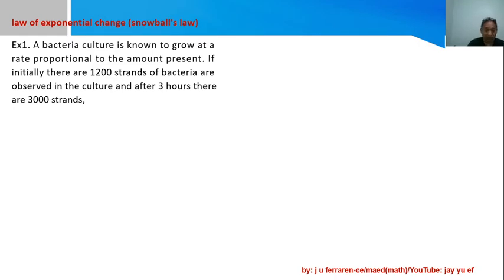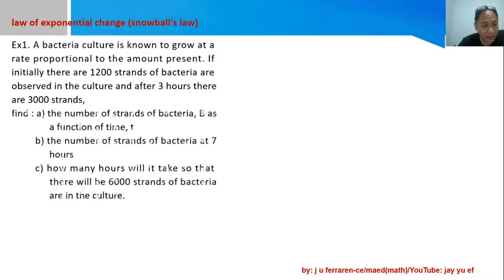Now, there is a bacteria culture known to grow at a rate that's proportional to the amount present. If initially there are 1,200 strands of bacteria observed in the culture, and after 3 hours, there are 3,000 strands. Okay? Question.